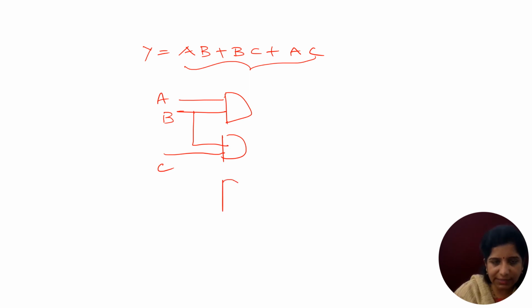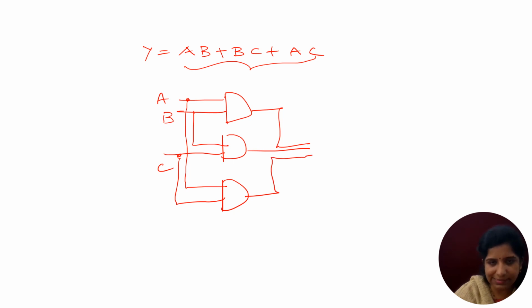For the third AND gate, the input is AC. All these are connected to an OR gate, since plus means OR gate. This is the design of a combinational circuit for the problem statement we have taken. In this way, any circuit you can design by using the same procedure.